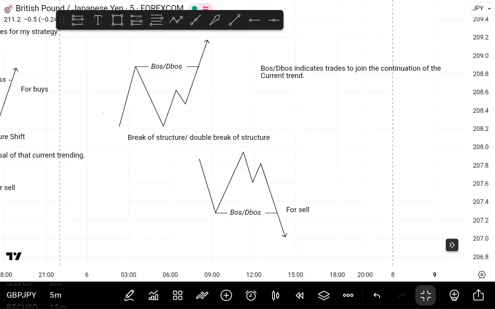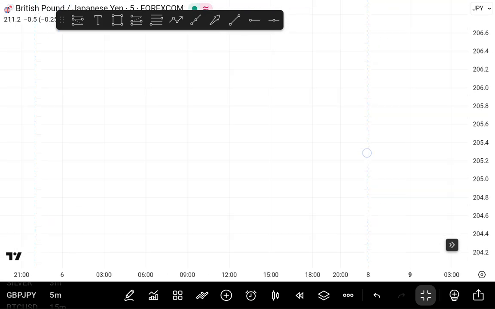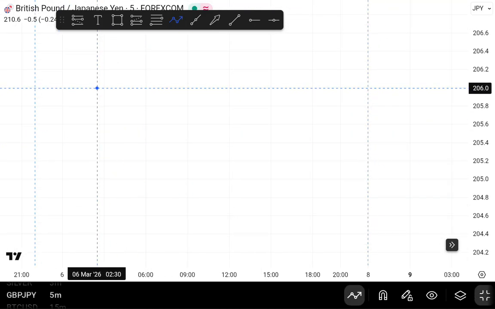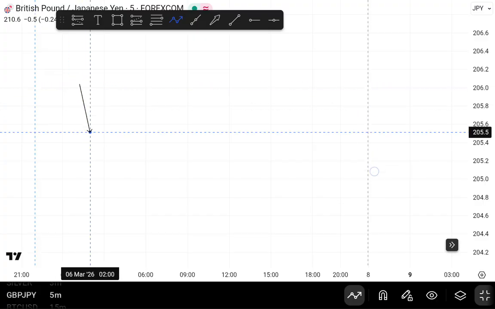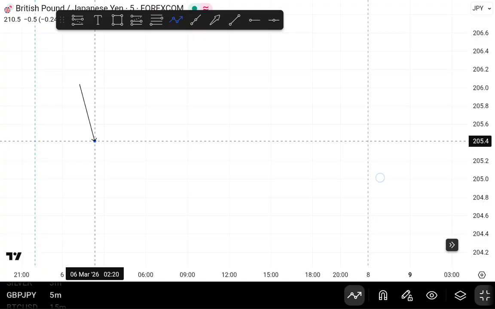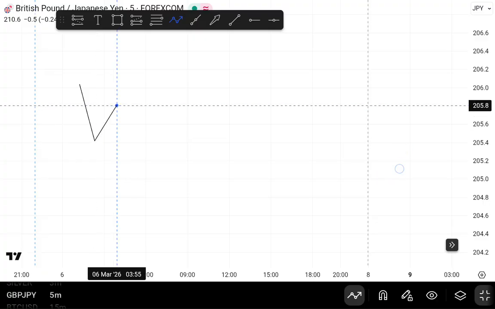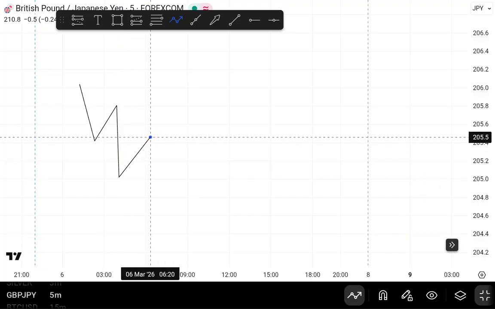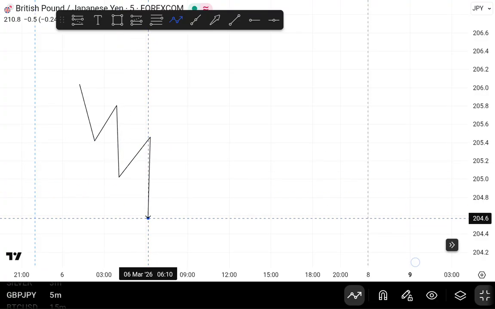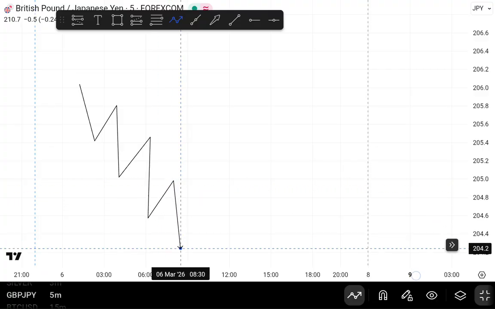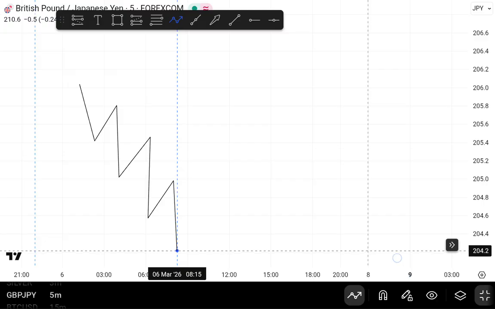So let's quickly dive into market structure shifts. While the market was moving like this: lower low, lower high, lower low, lower high, lower low, lower high, lower low, and then the market breaks the recent lower high.